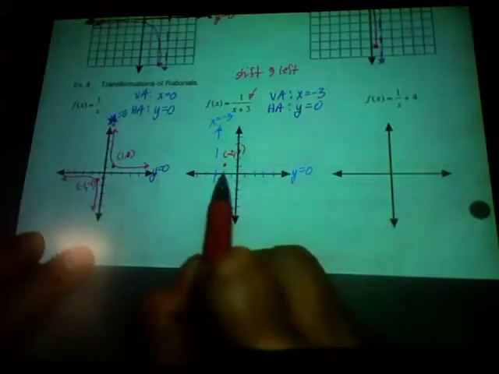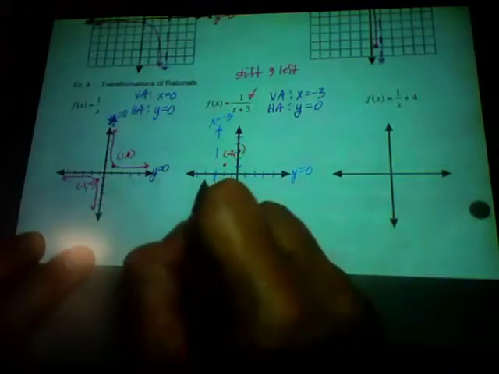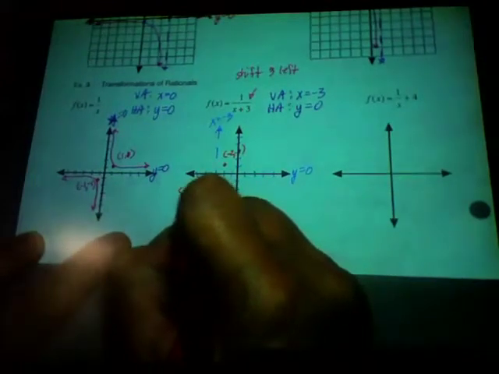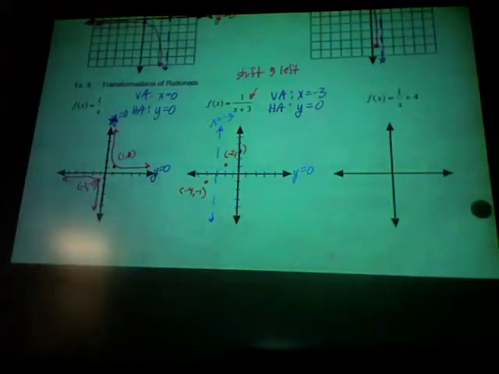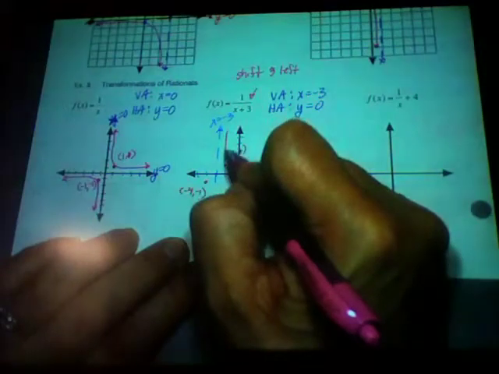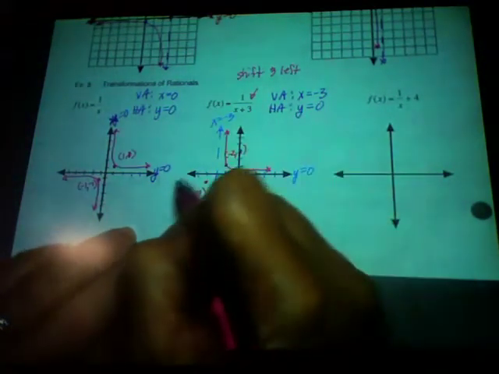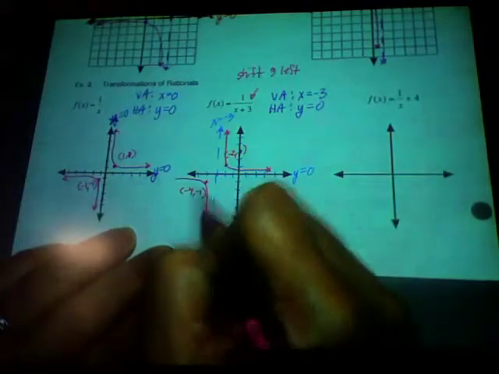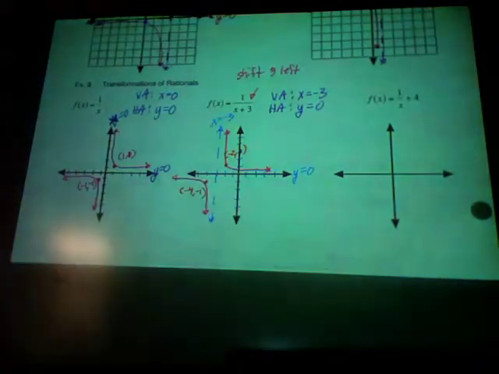So we go 1, 2, 3, 4, but down 1. So this point is negative 4, negative 1. Again, the height of the point didn't change. It's still down 1. It just moved to the left 3. And so your graph still has the same shape, still hugging the x-axis, but this time it's hugging that vertical asymptote there. So it's just a shift left 3.